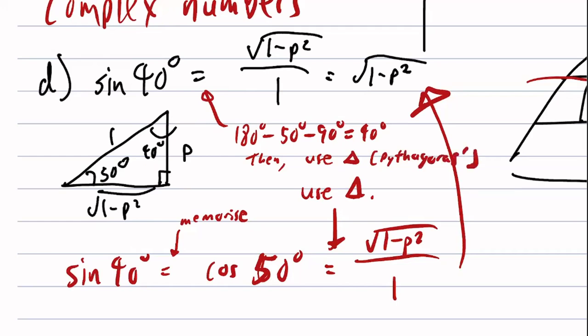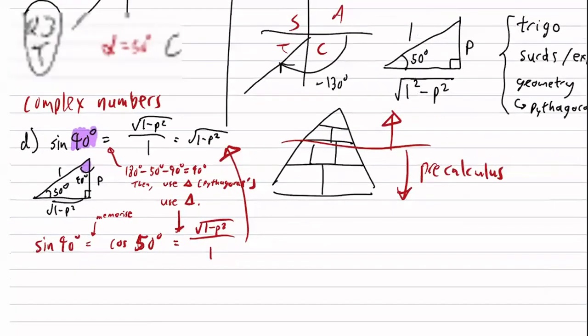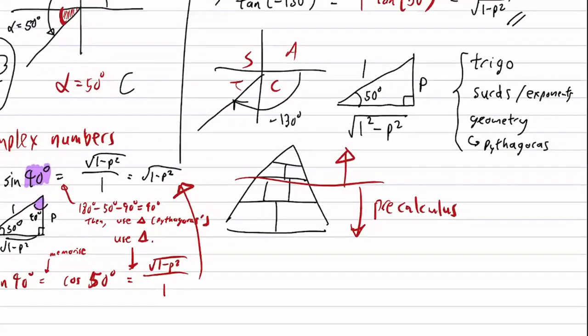But the tricky thing is you need to be able to identify there's a 40 degrees here. If you couldn't identify the 40 degrees, then too bad. Okay?